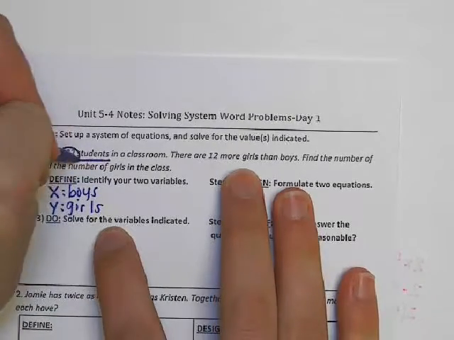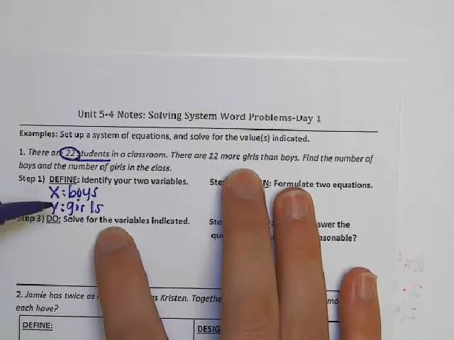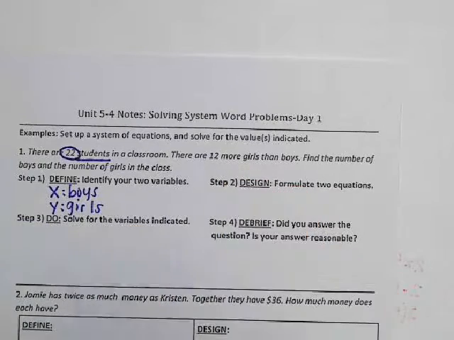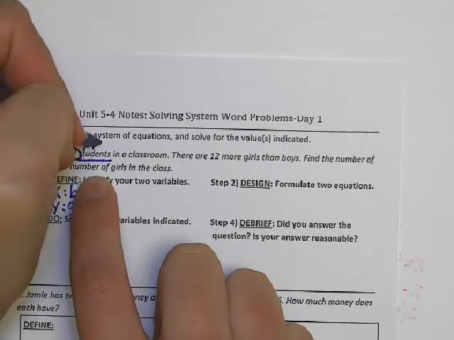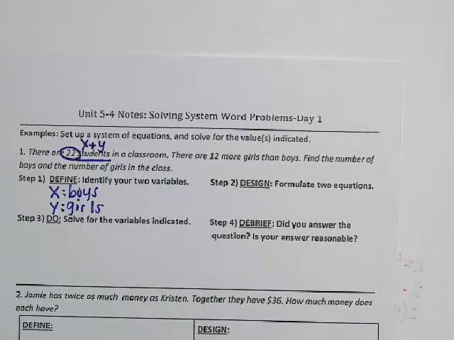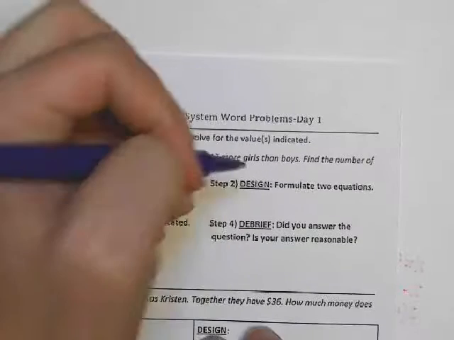Students represents boys and girls, right? I say I have 22 students in this room right now. There's boys and there's girls. So students represents boys and girls. All right, so you guys told me I have a total, correct? So that's how I'm going to start my first equation, with that total. Well, what's my total? 22.